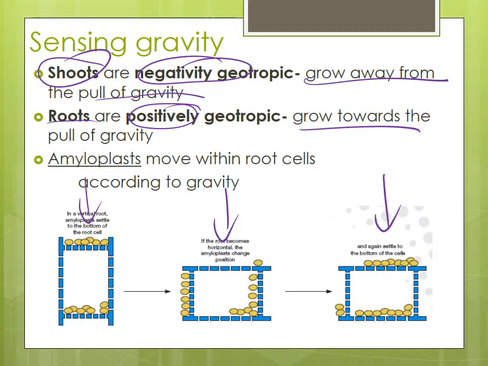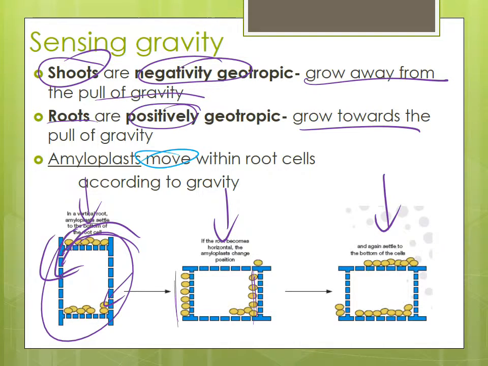And then this one on the left has been tilted onto its right hand side. So you've got your amyloplasts as these little circles. These circles are now inside here because it's been tilted to the side. And these amyloplasts will move, as it says up here, as a response to that. So they're going to want to sit up the top here, which is what you get in the final picture.